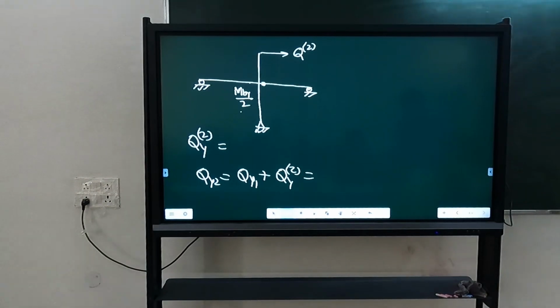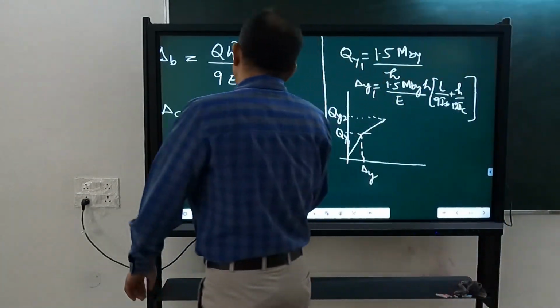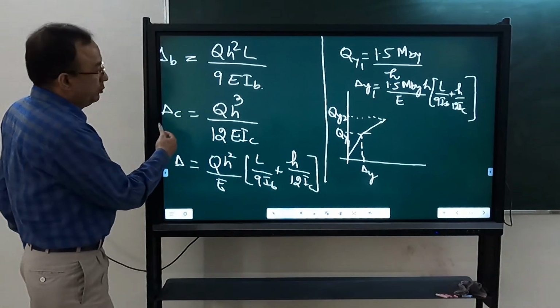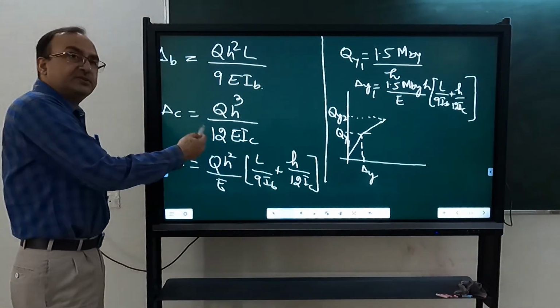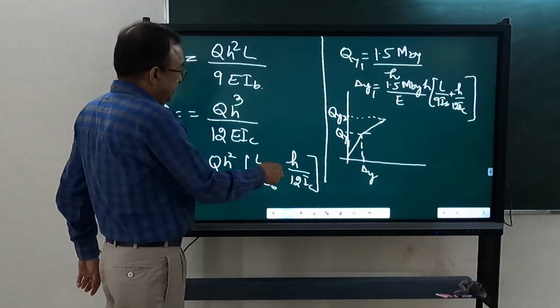So you consider the stiffness of this, stiffness of this, and so how much is the stiffness of this? Q by delta is the stiffness. So this Q divided by delta, you take E this side, that will become the stiffness.